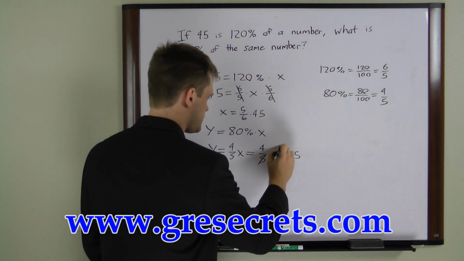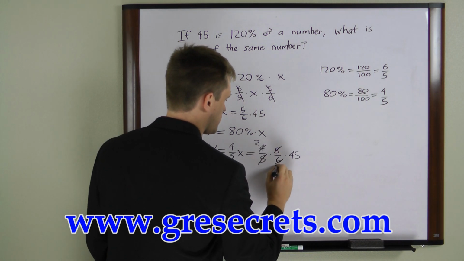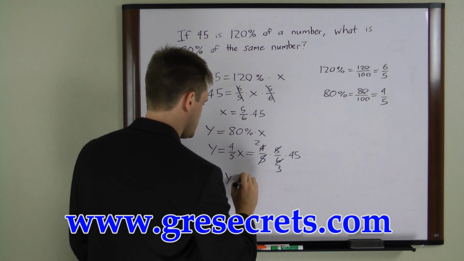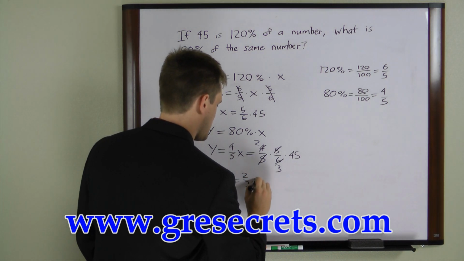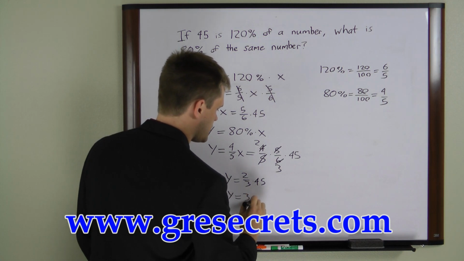Now we can cancel out these 5's, and 4 over 6 is the same as 2 over 3, so we can rewrite this as y equals 2/3 times 45, which is the same as y equals 30.